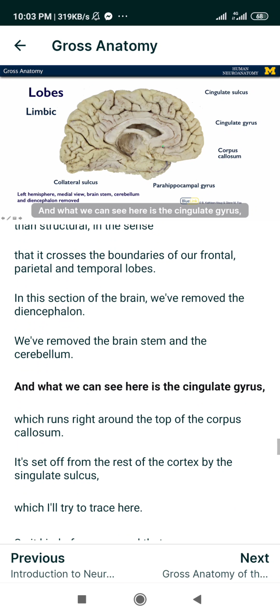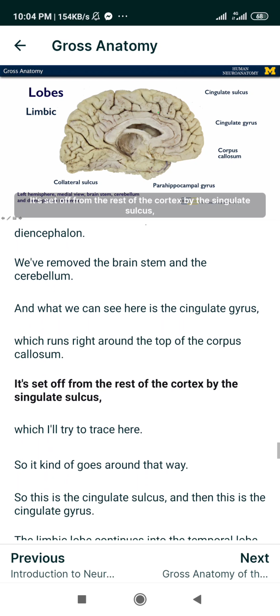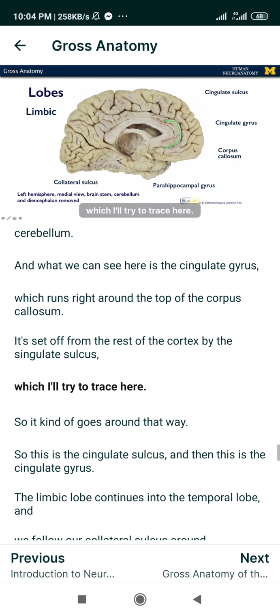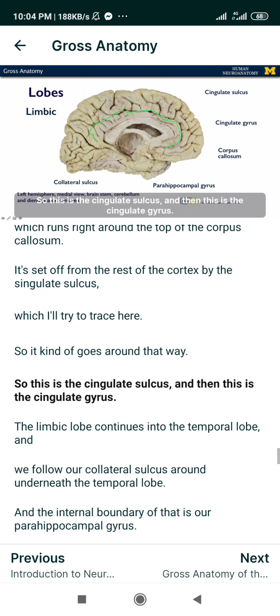And what we can see here is the cingulate gyrus, which runs right around the top of the corpus callosum. It's set off from the rest of the cortex by the cingulate sulcus, which I'll try to trace here. So it kind of goes around that way. So this is the cingulate sulcus, and then this is the cingulate gyrus.